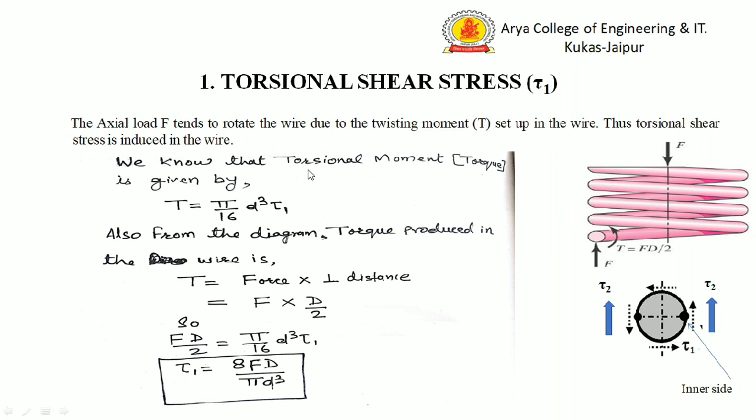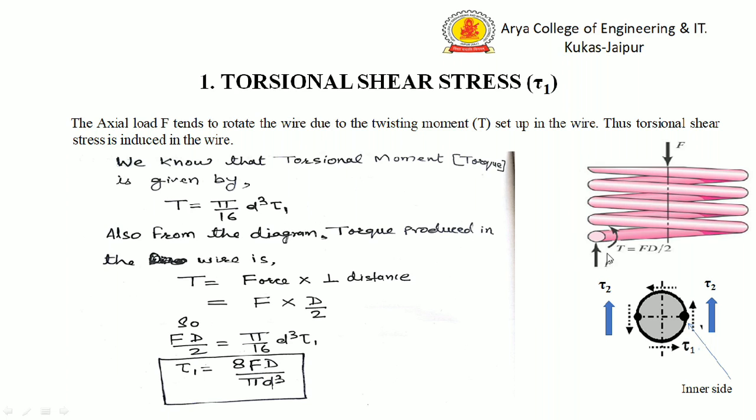As we discussed in the previous slide, this axial force F produces a twisting moment T at the wire section. So we know that torque in a wire or rod is given by T is equal to pi by 16 d cube tau 1. Basically this is the torsion equation.